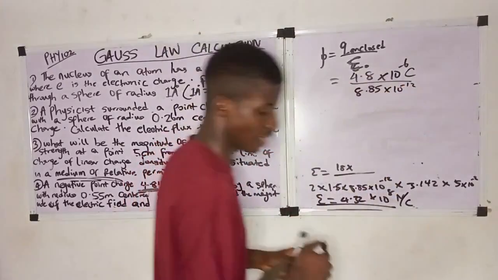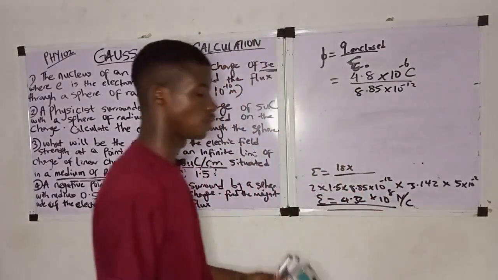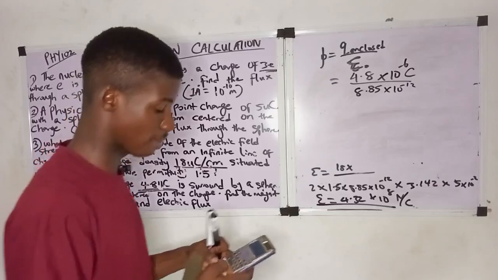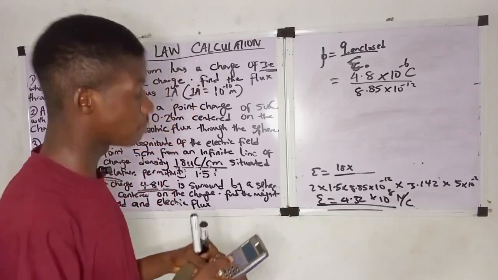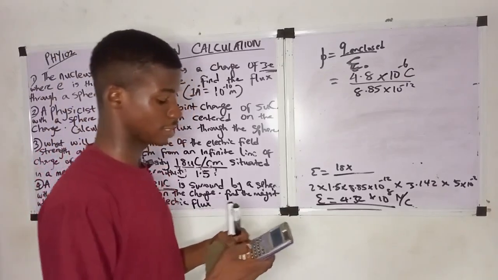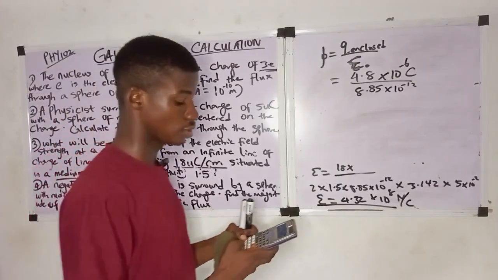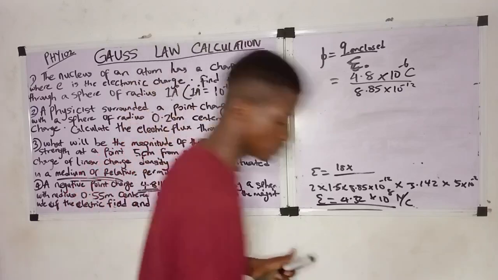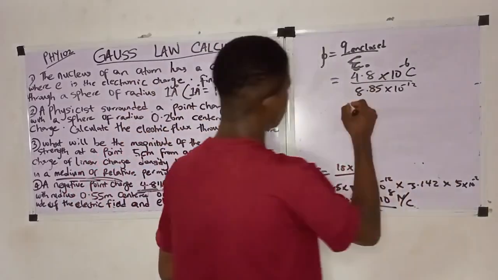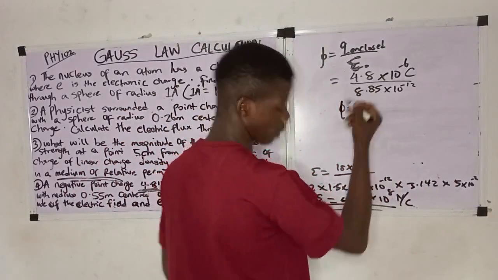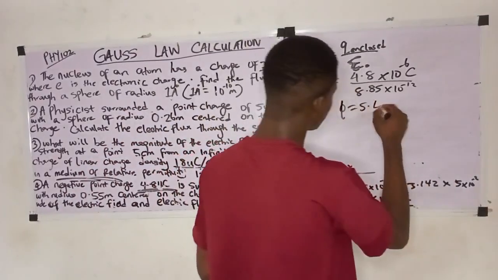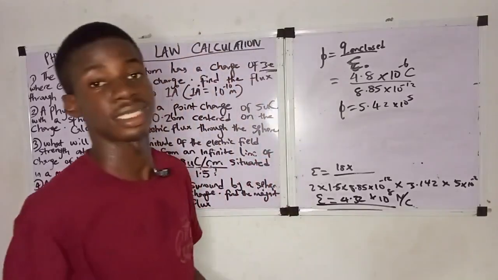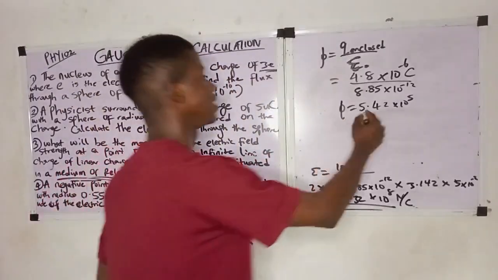So 4.8 times 10 raised to minus 6 divided by 8.85 times 10 raised to the power minus 12. We get our electric flux to be 5.42 times 10 raised to the power 5.